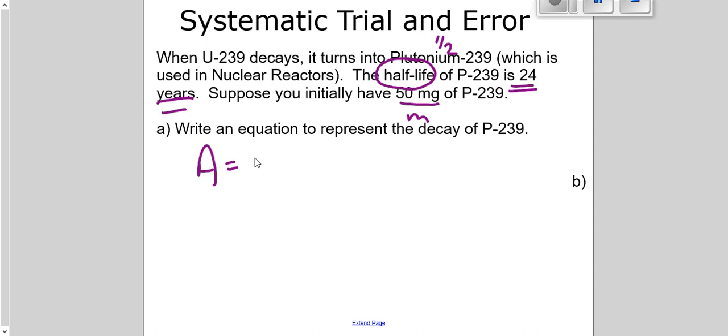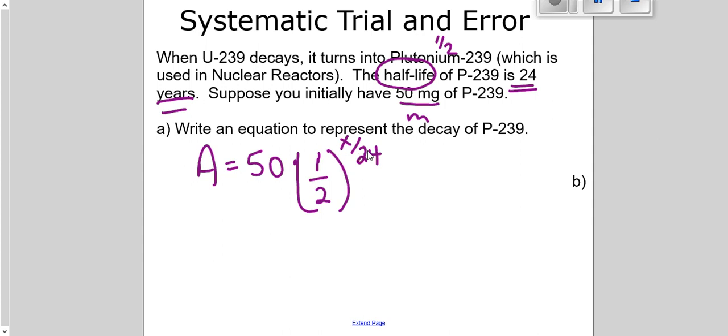So the amount is equal to 50 times my half-life, 1/2, to the x over 24.